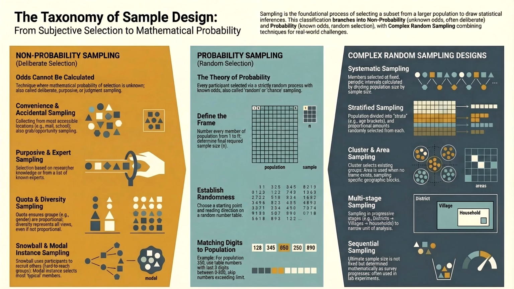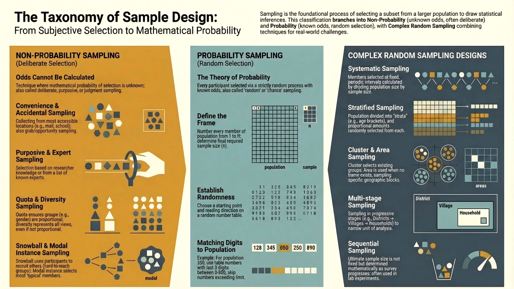The next one you have is probability sampling techniques, or what's called random sampling technique. This is wherein each and every participant has equal probability of getting selected into the sample, right? It has a specific defined frame.